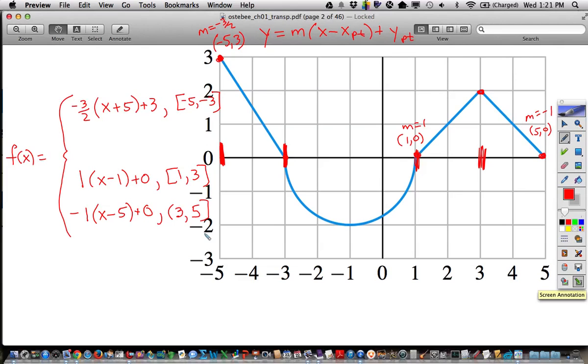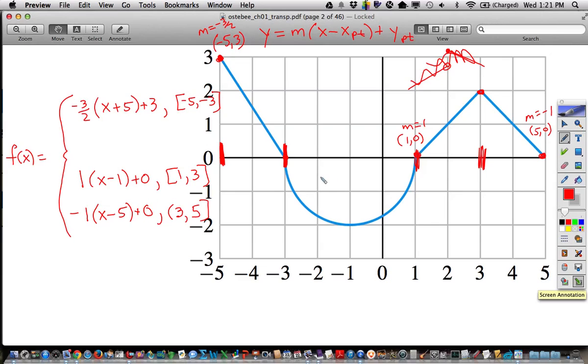I could have gone either way because it's the same point on both pieces. Sometimes you get a piecewise function that does this. It might come up to here with an open circle and then go here for the next piece. Well, then you have to not include it on this one and you have to include it on that one. Okay? So sometimes it works out that way. But this one, it didn't matter.